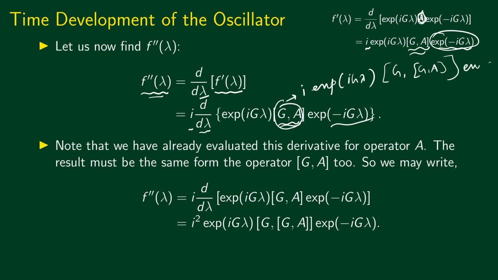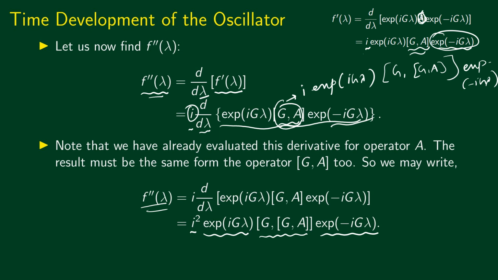So f double prime of lambda: we already have an i here, and we get an i from this derivative also. So we have i square exponential ig lambda, the commutator of G with the commutator of G and A, multiplying exponential minus ig lambda.